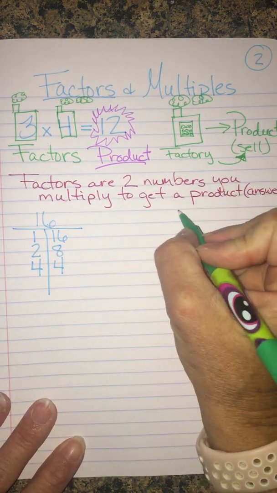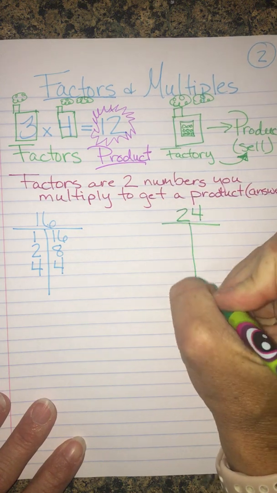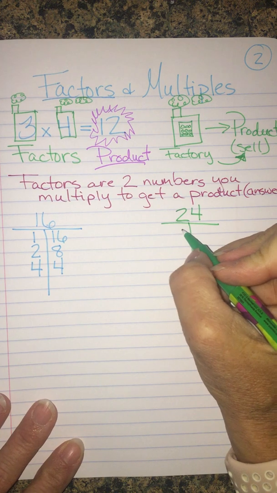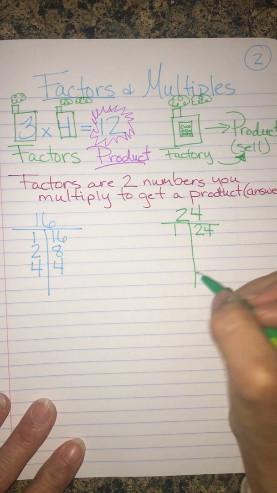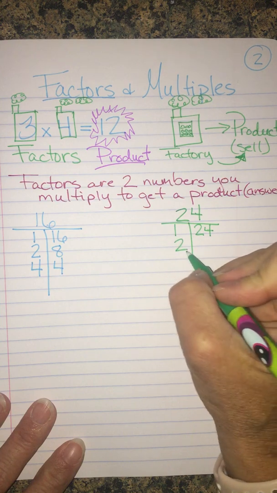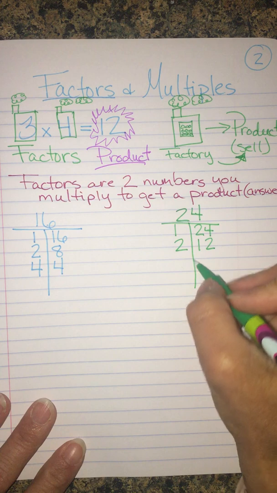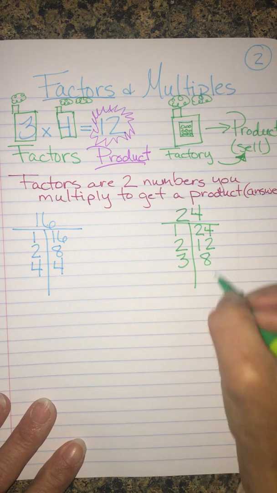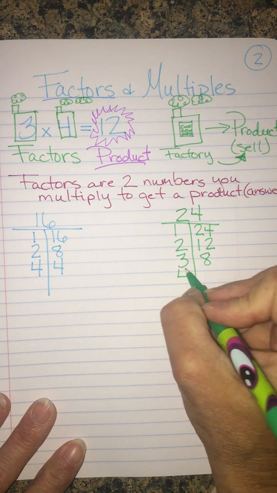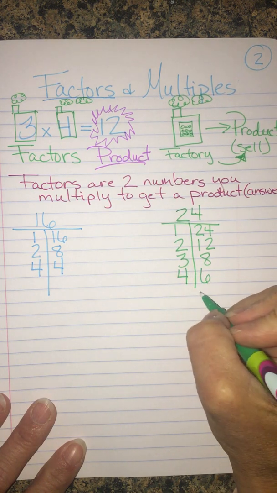So I'm going to do 24. And I'm going to start with 1. 1 times 24 is 24. 2 times 12 is 24. 3 times 8 is 24. 4 times 6 is 24.